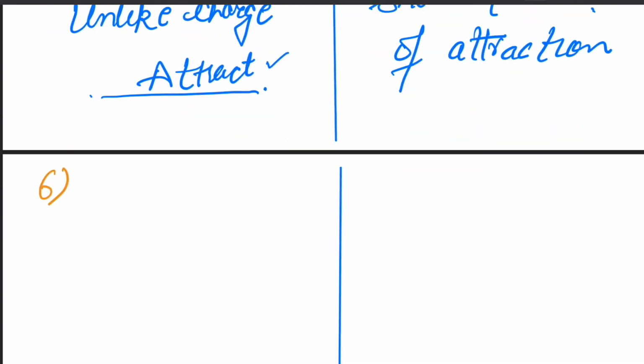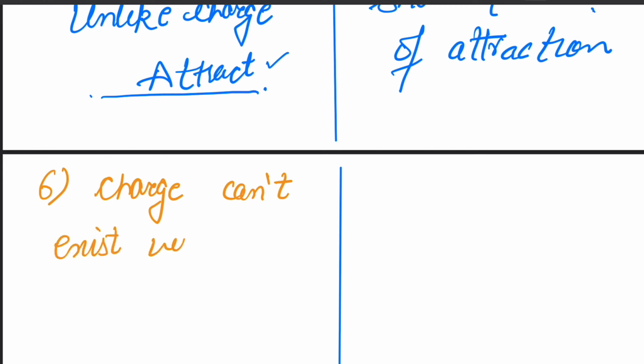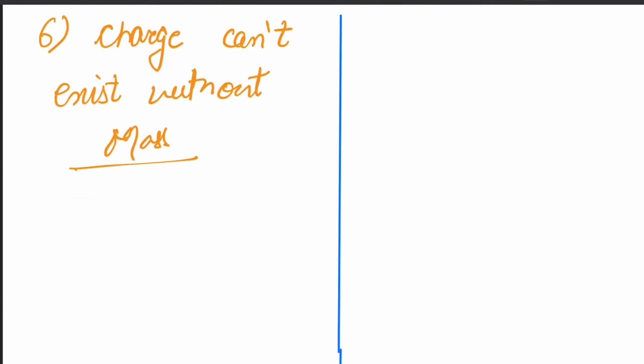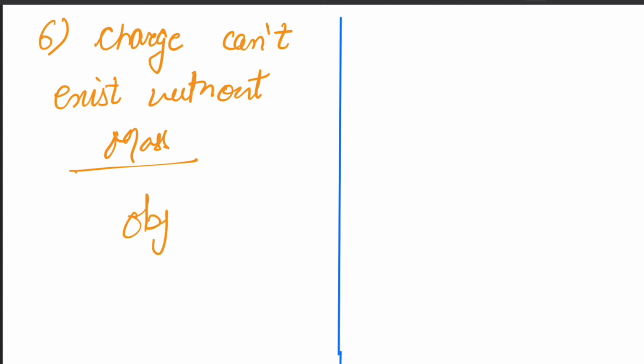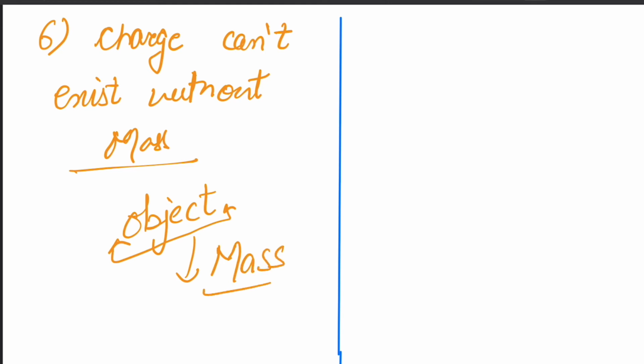Next is that the charge cannot exist without mass. So charge is always carried by some object, some body which is charged, right? So if you have any object which is charged, definitely there will be mass of that object.